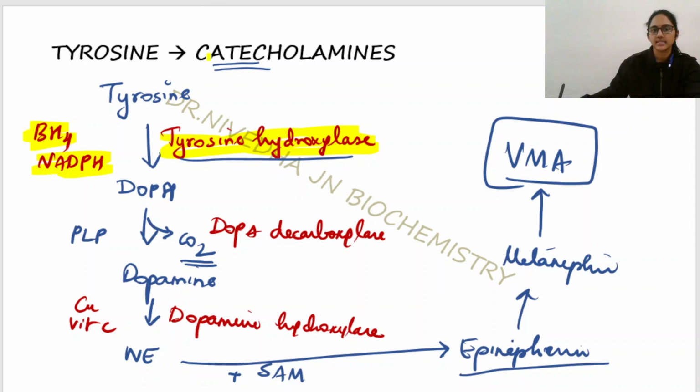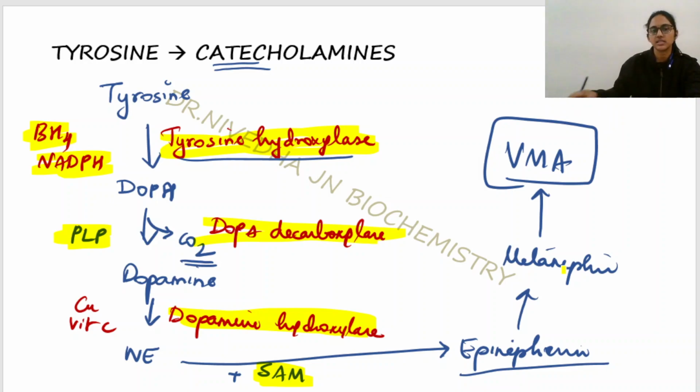Now this dopa gets converted to dopamine by a decarboxylation reaction that needs pyridoxal phosphate as its coenzyme, and dopamine gets converted to norepinephrine by dopamine hydroxylase, which is a copper containing enzyme, and norepinephrine gets converted to epinephrine by methyl transfer, and epinephrine to metanephrine, and metanephrine to vanillyl mandelic acid are degradation products or catabolic products of epinephrine.